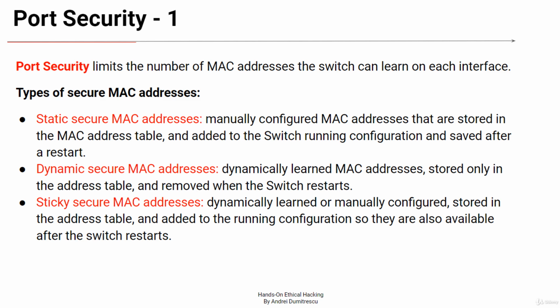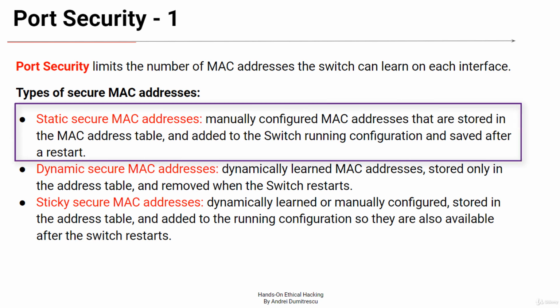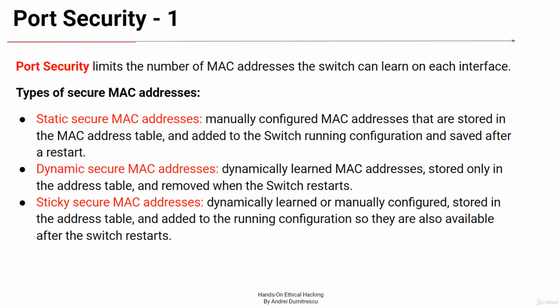A MAC address configured by port security is called a secure MAC address, and there are three types of secure MAC addresses: static secure MAC addresses, dynamic secure MAC addresses, and sticky secure MAC addresses. Static secure MAC addresses are manually configured MAC addresses that are stored in the MAC address table and added to the switch running configuration and saved after a restart.